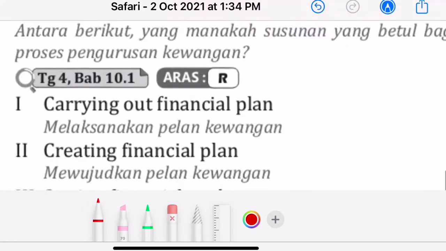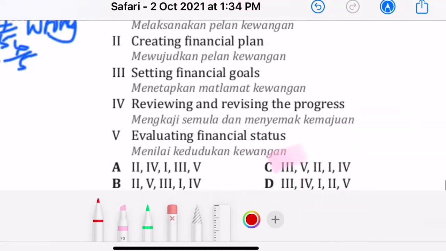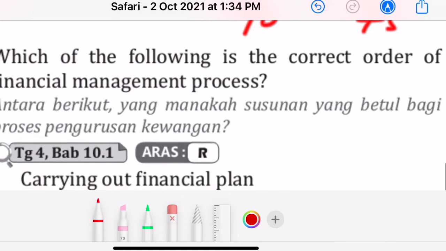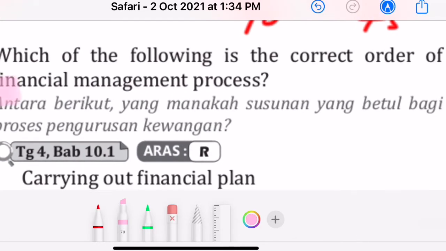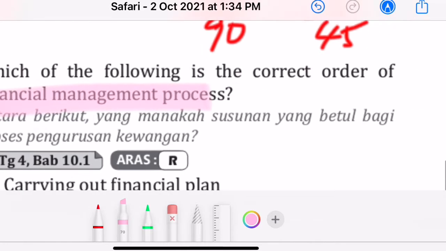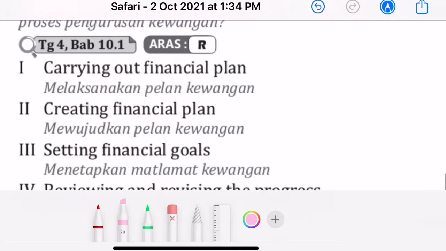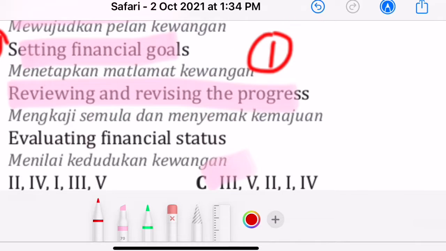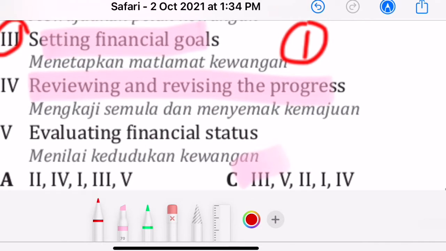Let's see question number 37. Which of the following is the correct order of the financial management process? Okay, we have to set the financial goal first, and then evaluate the financial status.